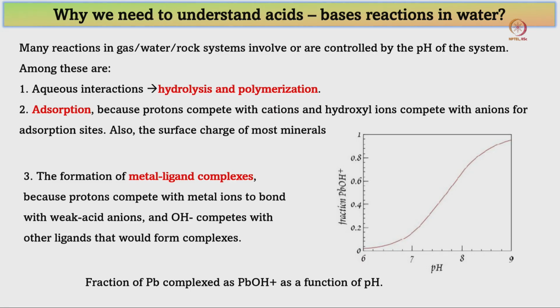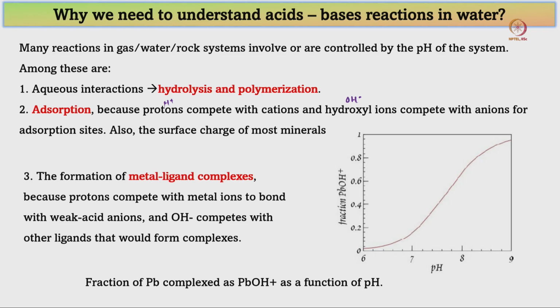Second thing, adsorption kind of reactions. Protons, that means H plus ions, compete with the cations, and the OH minus ions, the hydroxyl ions, compete with the anions for the adsorption sites.